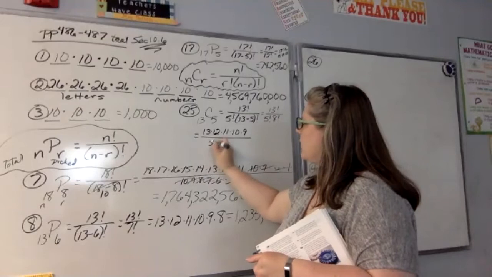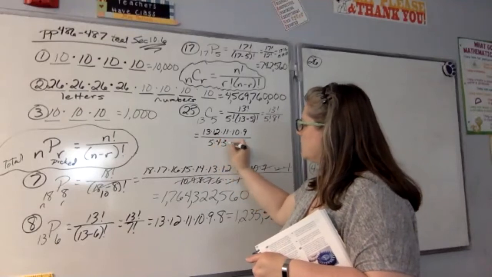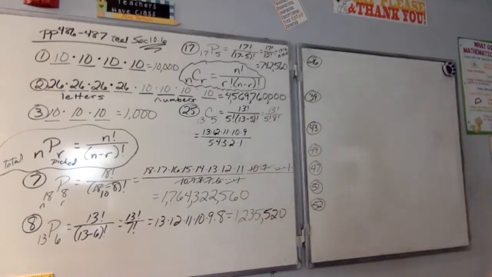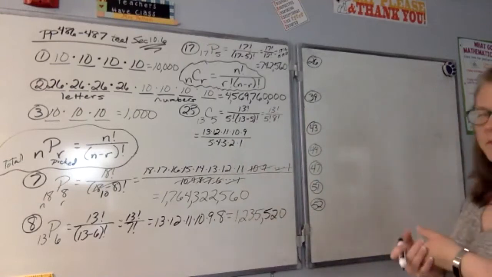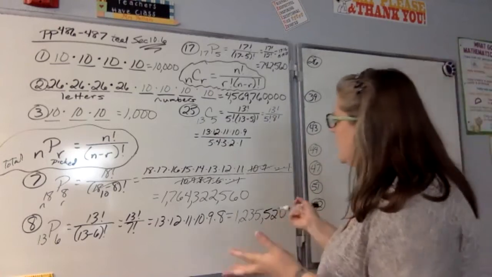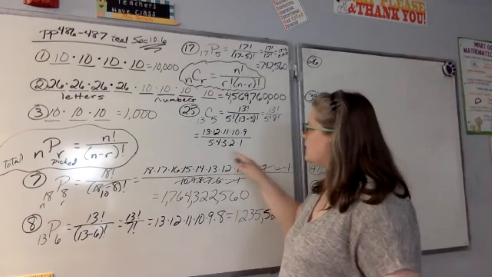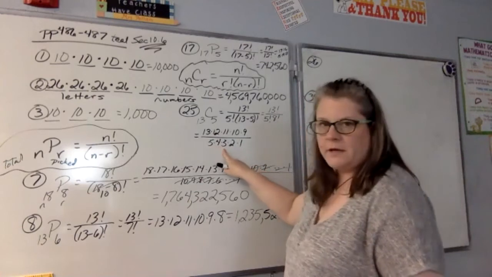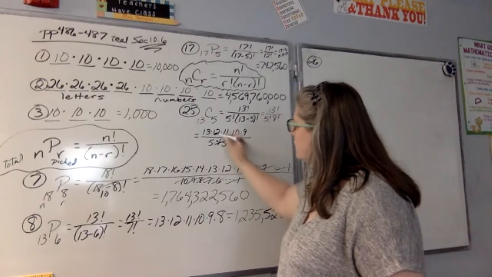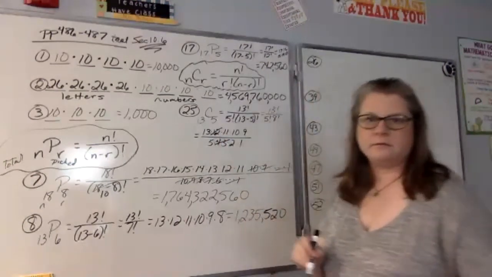So I have 5 times 4 times 3 times 2 times 1. Now, you can do this a couple of different ways. You can look for things that'll cancel out. For example, I know 4 times 3 is what? 12. So if I take 4 and 3, I can cancel out the 12.